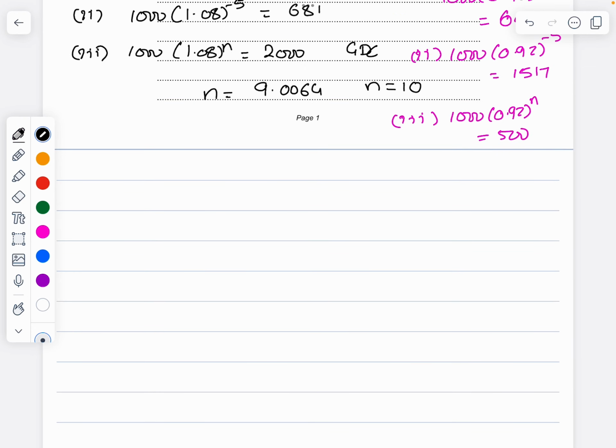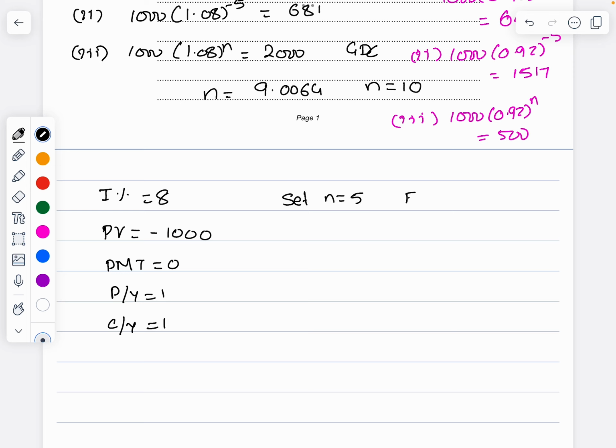So for that, I percent will be equal to 8 and PV should be equal to minus 1000. Then PMT should be equal to 0, P upon Y equal to 1, and C upon Y equal to 1. Then set n equals 5.